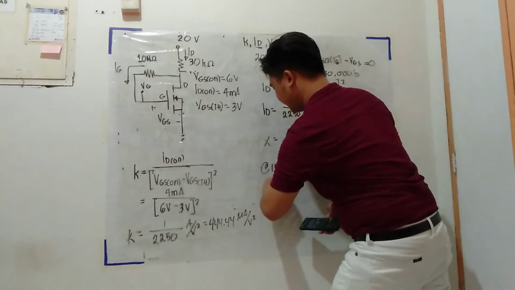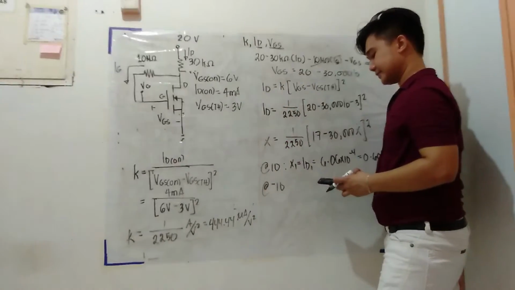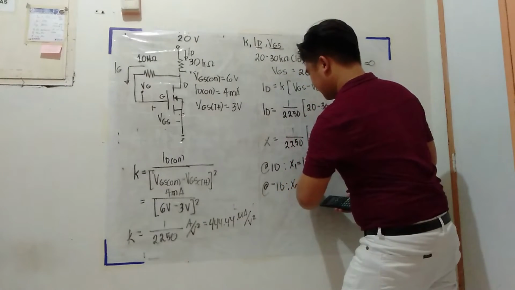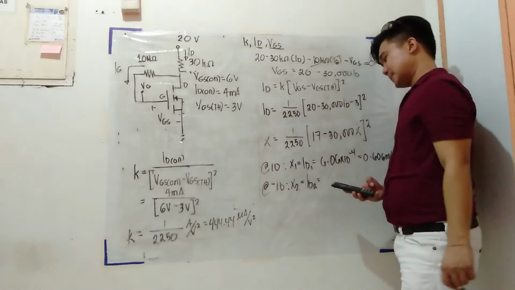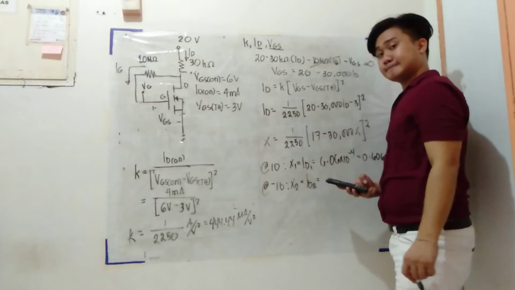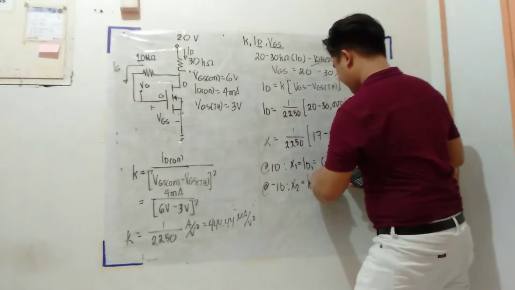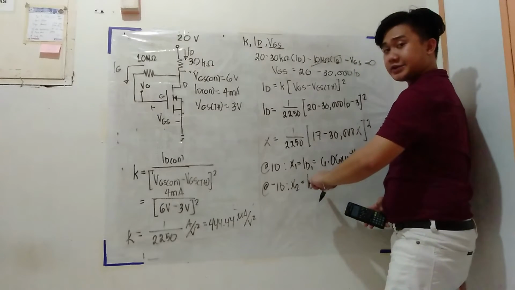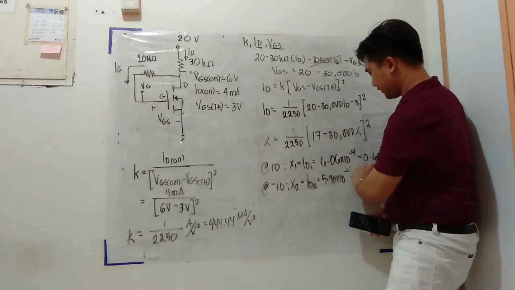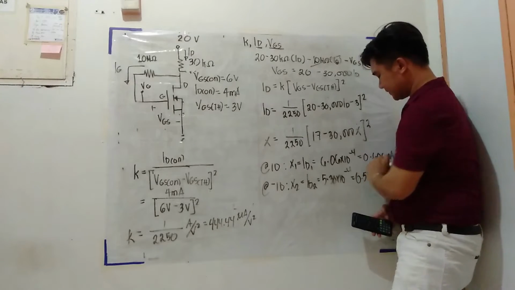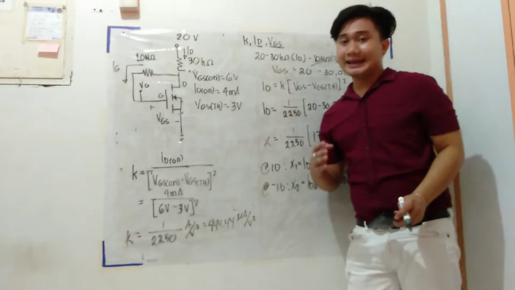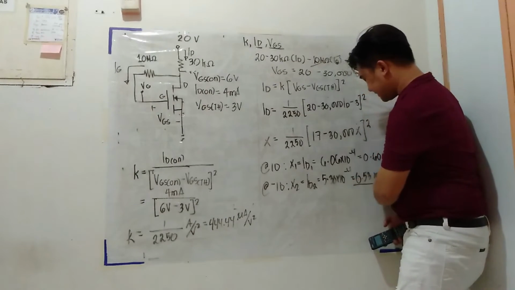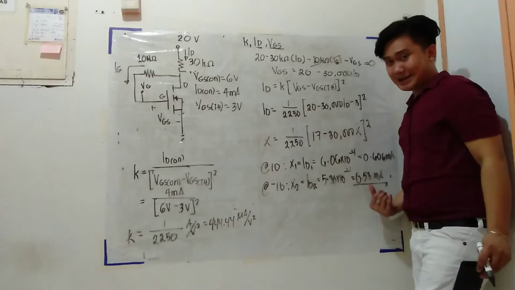At negative 10, check natin, na siyang ID2 natin. So that is 5.30 times 10 raised to negative 4, or lipat ko ng isa yung decimal, that is equal to 0.53 milliamperes. So still, ang rule natin, piliin kung alin yung mas mababa. So, your ID is equal to 0.53 milliamperes.